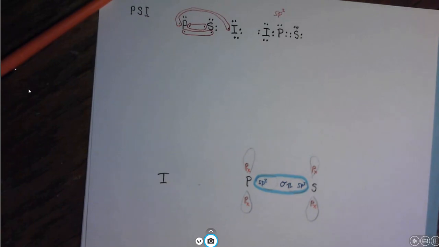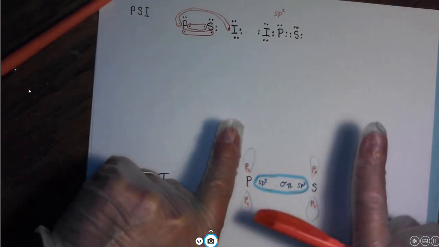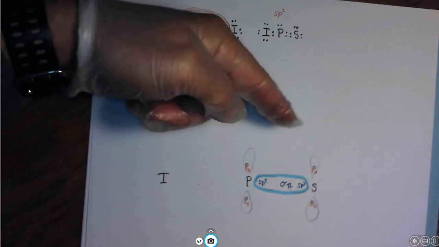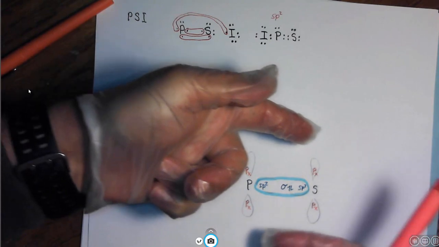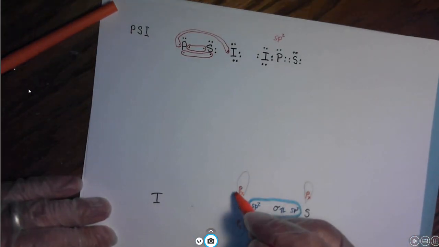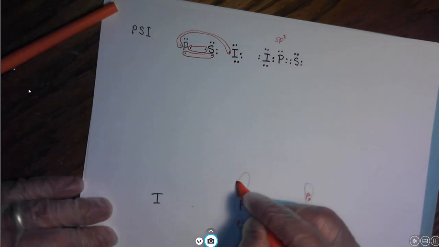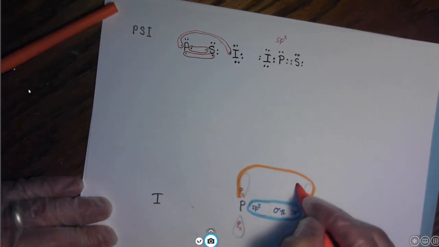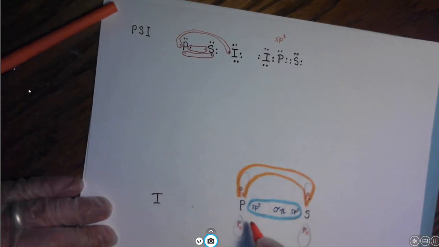For the p orbitals, then, they're parallel to each other going this way, and the pi bond is going to be parallel going this way. Okay, this p orbital here becomes a pi bond like this.